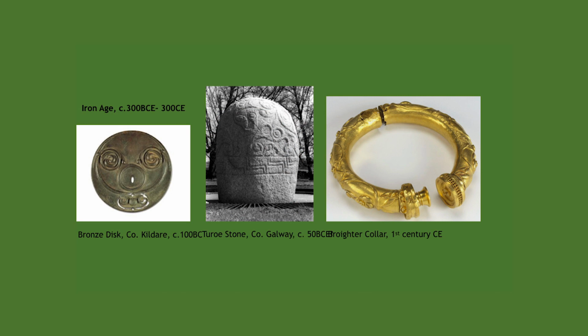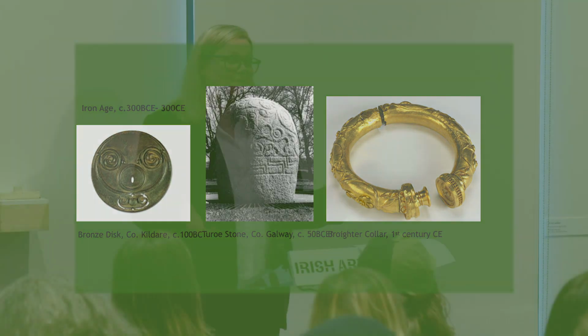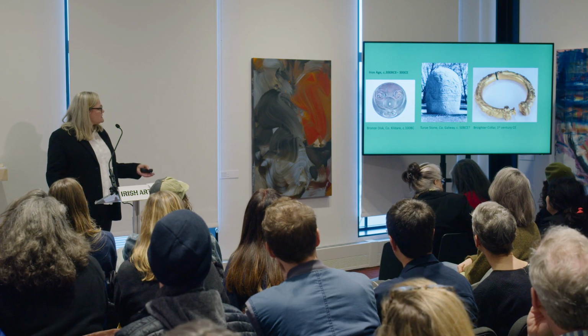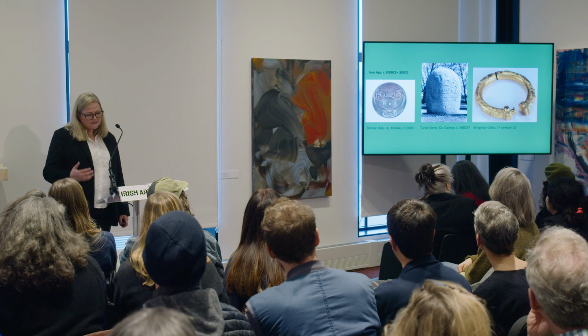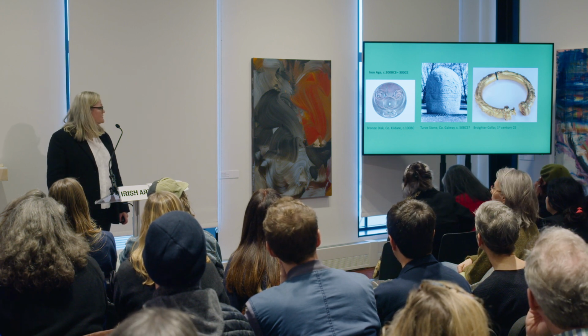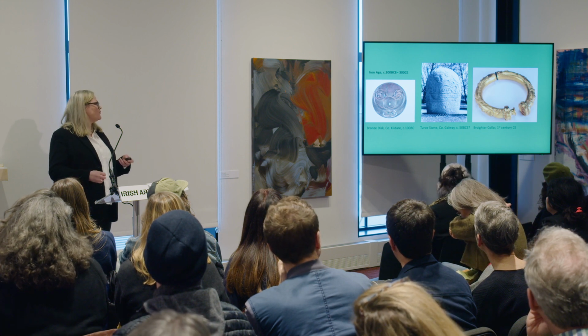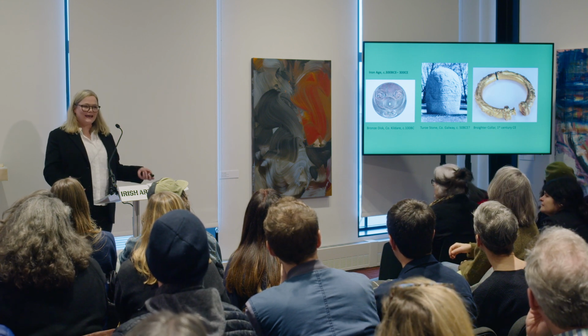This is also known as the Celtic Age, the so-called Celtic tribes, which are even now discussed, was there such a homogenous group? I don't know what that does for us in the Celtic nations in terms of our sports, but that's another story. But what you can see here are the different distinct cultural descriptions, particularly the Iron Age with its wonderful curvy linear forms, its rounded forms, and its abstractions.